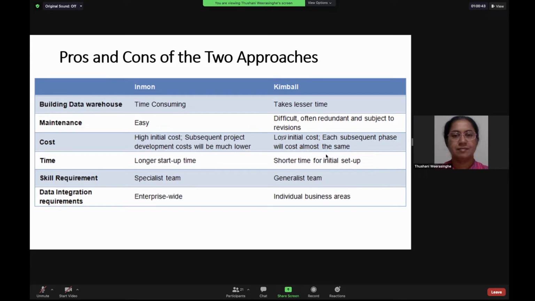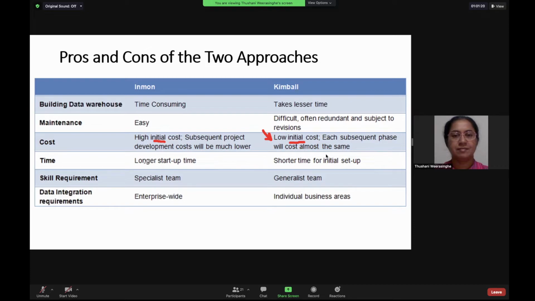Kimball's approach is the opposite, because the initial cost is low, but the next improvements will also cost the same amount. So the same amount needs to be spent on later improvements, and comparatively the total will be higher.